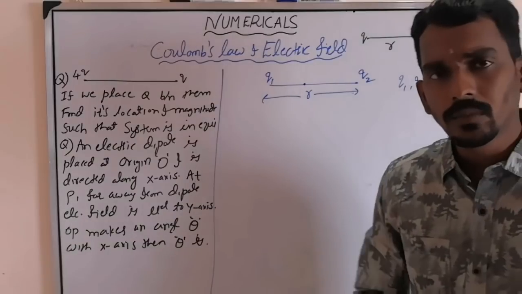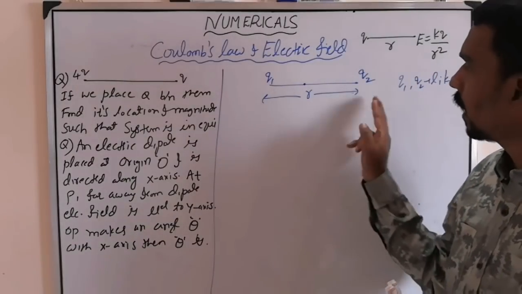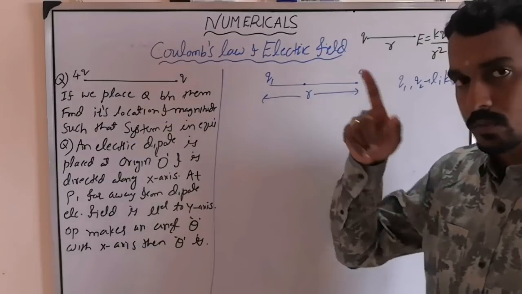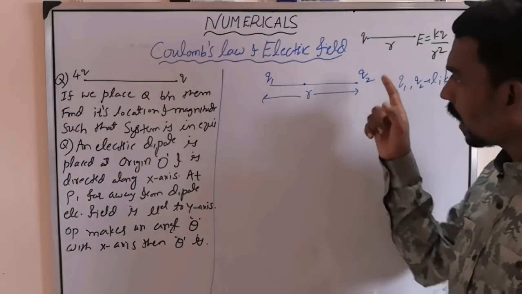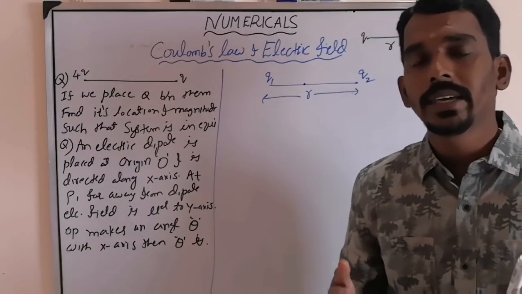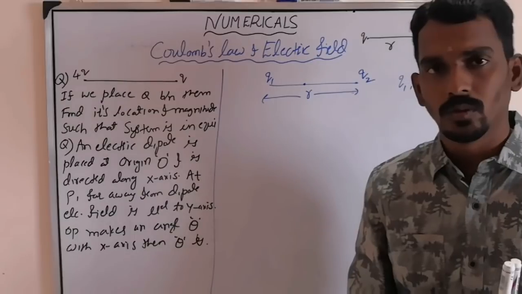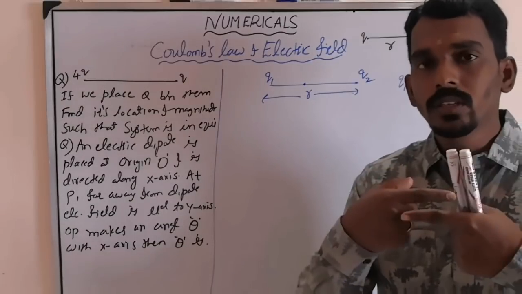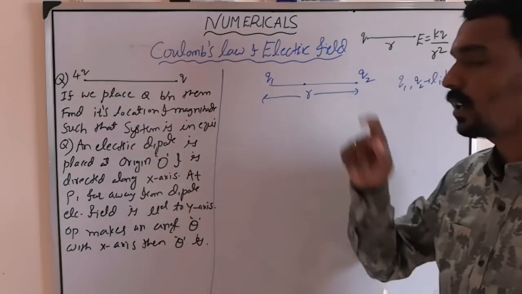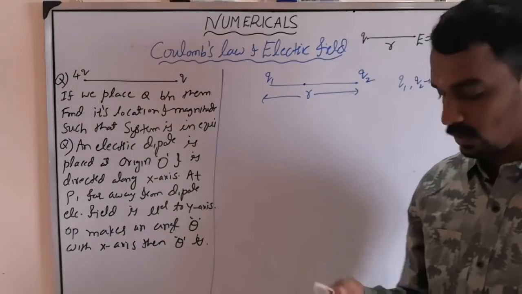When you get zero electric field, even though there are two charges, one charge produces one field and the other produces another field, and they must be equal in magnitude and opposite in direction. Then the electric field at that point will become 0.